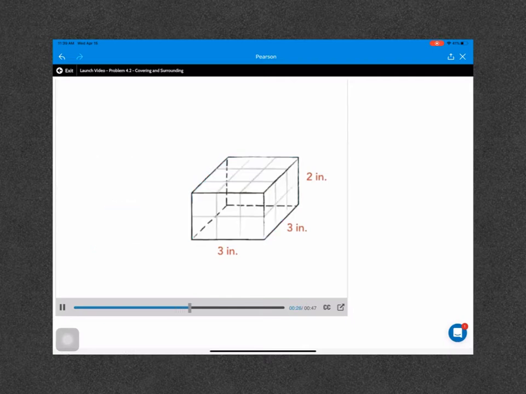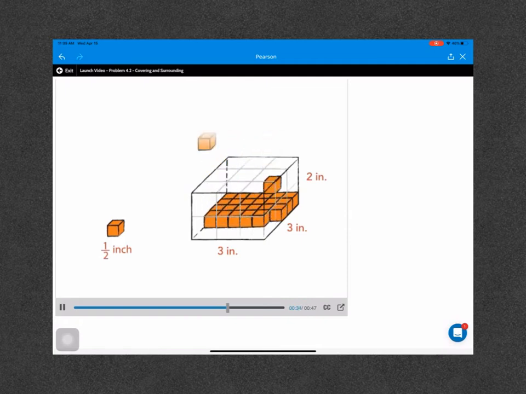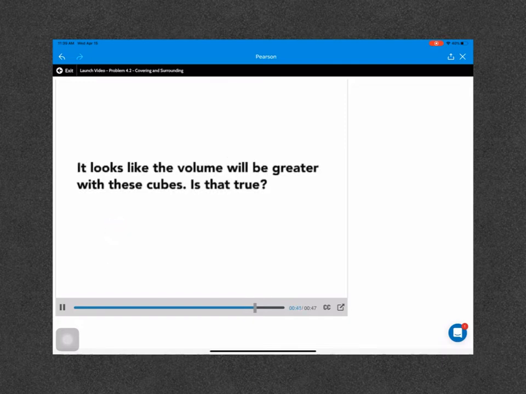You can also fill a three-dimensional object with cubes of other sizes, like half-inch cubes. It looks like the volume will be greater with these cubes. Is that true?